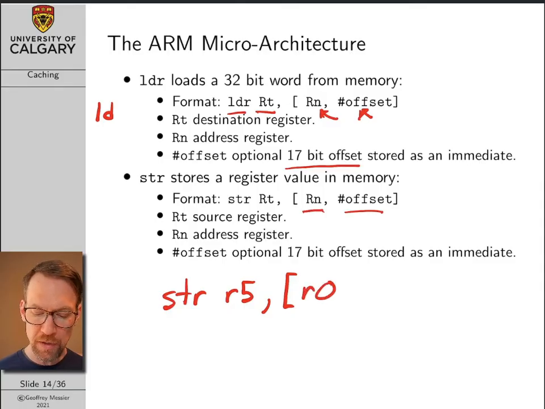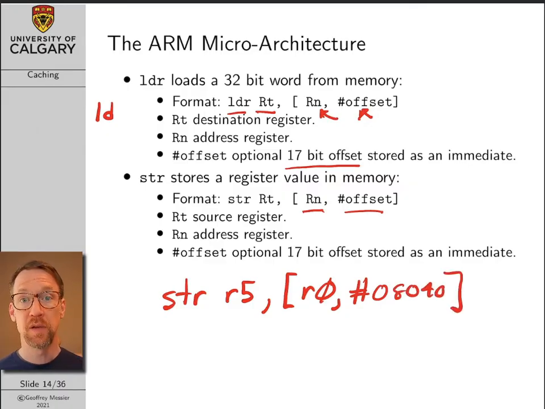I'm always going to give register R0 as our register. Again, we will always assume that that register contains 0. And then I'll give some kind of 17-bit offset value.